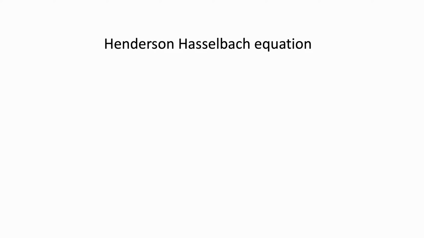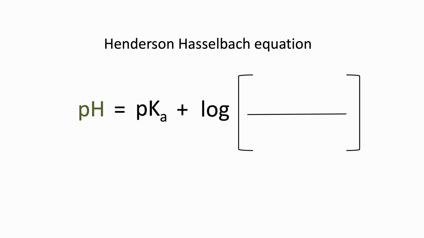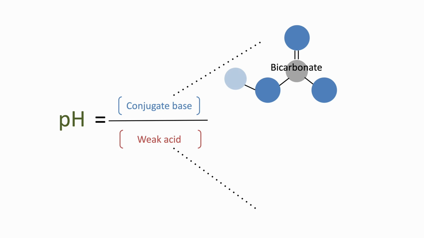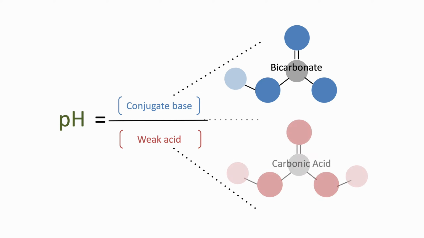To understand the bicarbonate buffer system, let's start with the Henderson-Hasselbalch equation. The pH of a solution is equal to a constant, pKa, plus the log of the concentration of a conjugate base over the concentration of the weak acid. Bicarbonate is a base whose weak acid is carbonic acid.